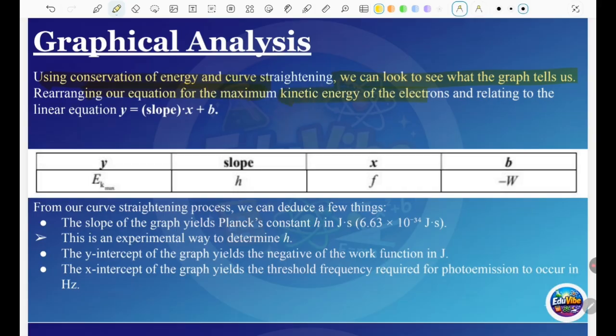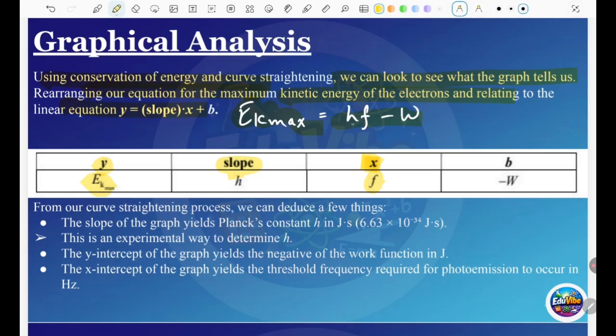Rearranging our equation for the maximum kinetic energy of the electrons and relating it to the linear equation, EK max should be isolated on your y-axis, and we have hf minus W, where W is the work function, not a frequency. So on the y-axis you have EK max, and on the x-axis you have frequency.